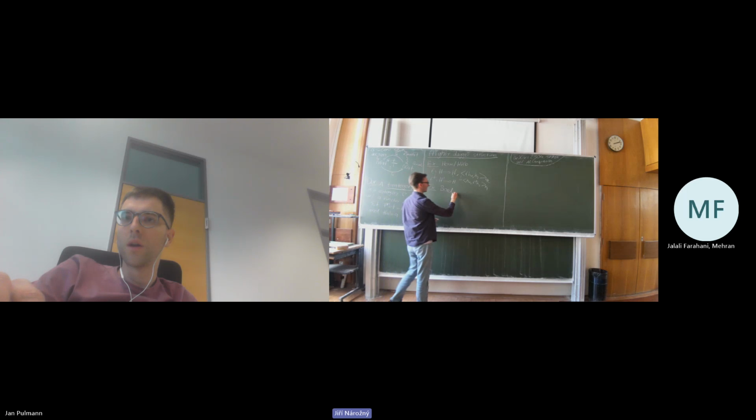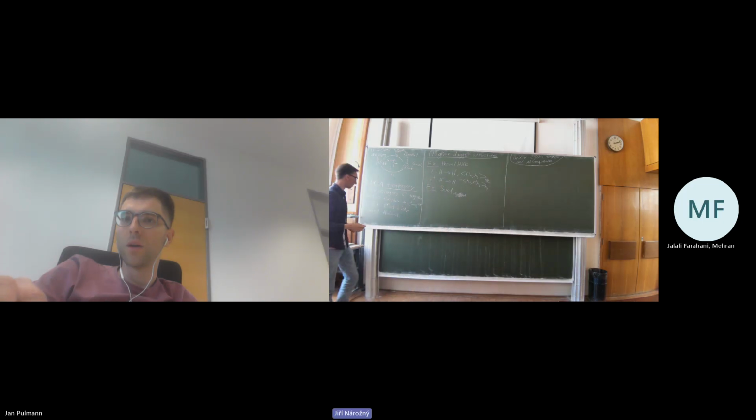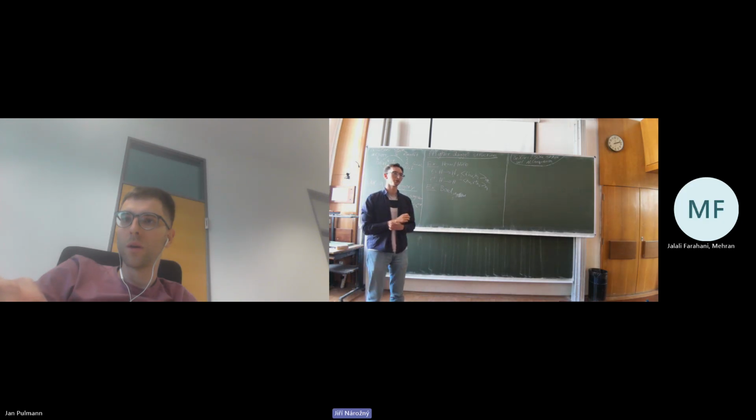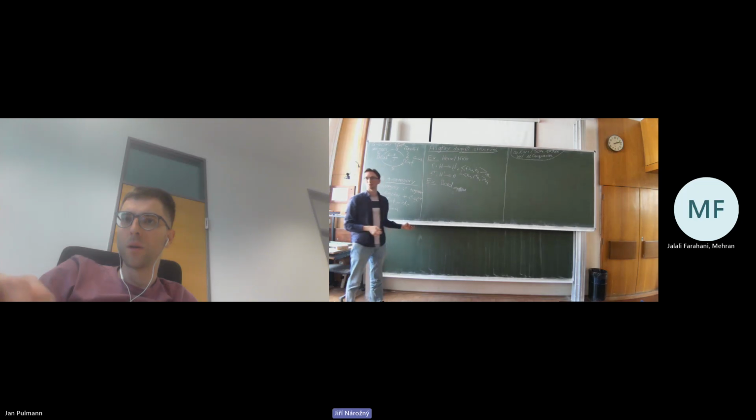So let's say we're considering a d-dimensional manifold. So what is this category? Its objects are d-1 dimensional closed manifolds, so compact without boundary, and its morphisms are d-dimensional bordisms between these d-1 dimensional manifolds. So let's draw some pictures to get some intuition how this category looks like.